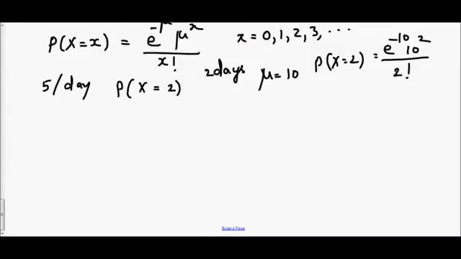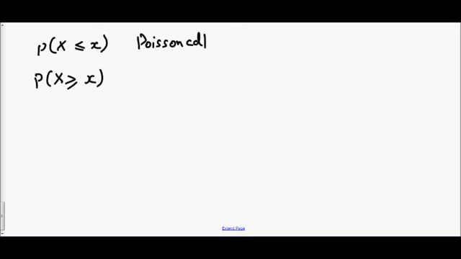The same properties apply for less than or equal to, and for greater than or equal to. For less than or equal to, you can use Poisson CDF directly, and what you are supposed to enter in your calculator is the value of mu and the x that is given in the question.